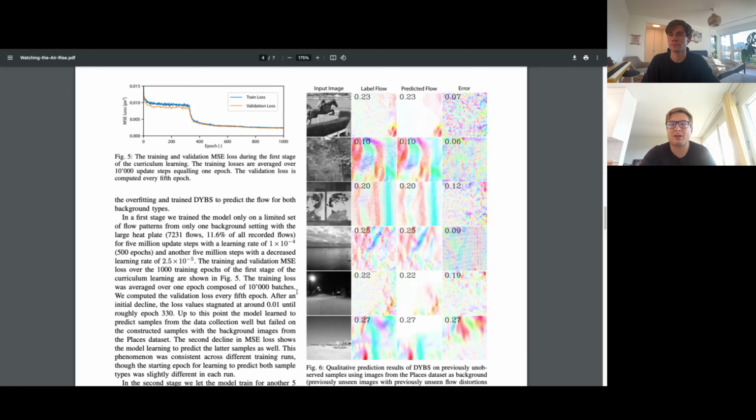So this is maybe one advantage of doing it in a simulation. And one downside that in the end caused us not to go too much in that direction is that we didn't really know how to simulate this. For example, we didn't know how we would model these temperature gradients in the air.